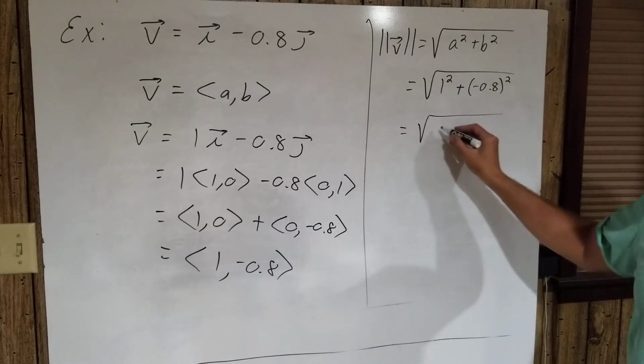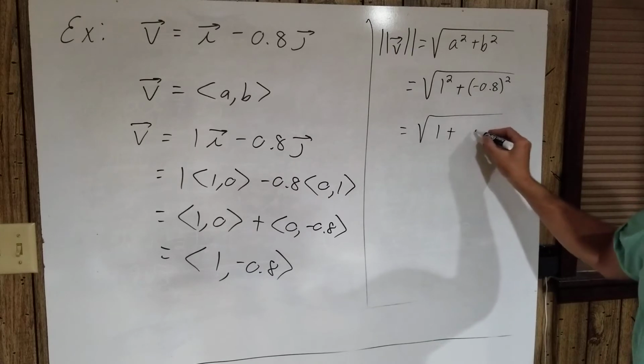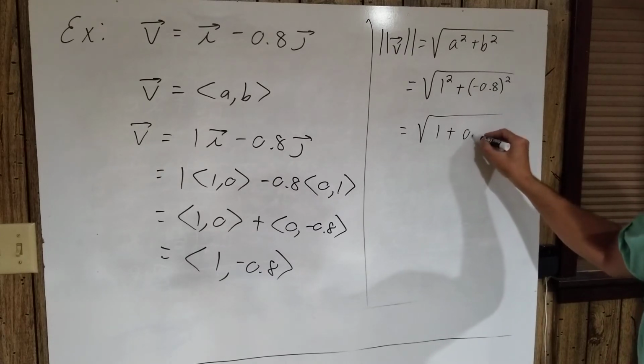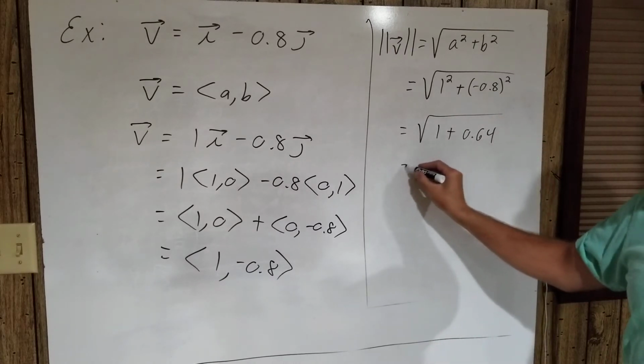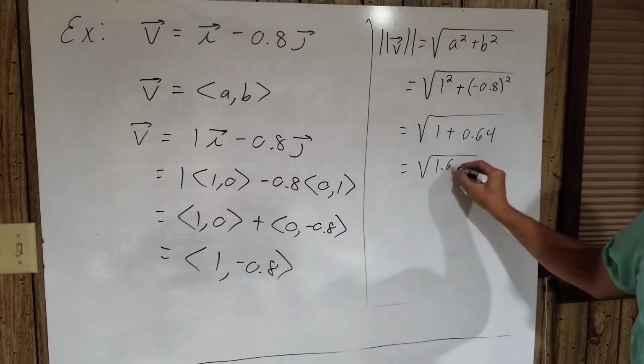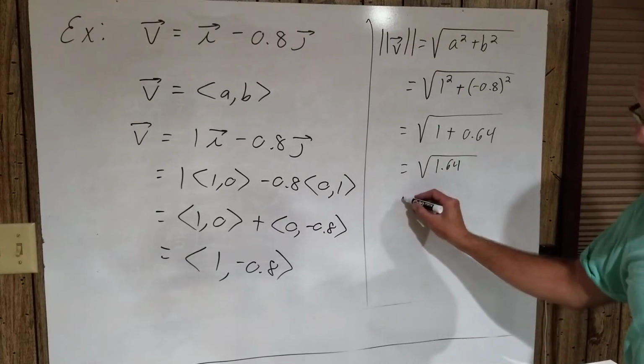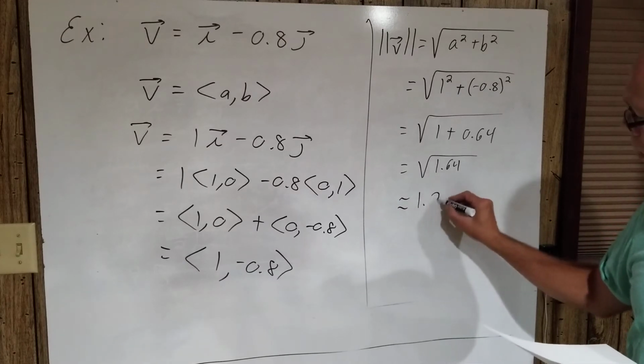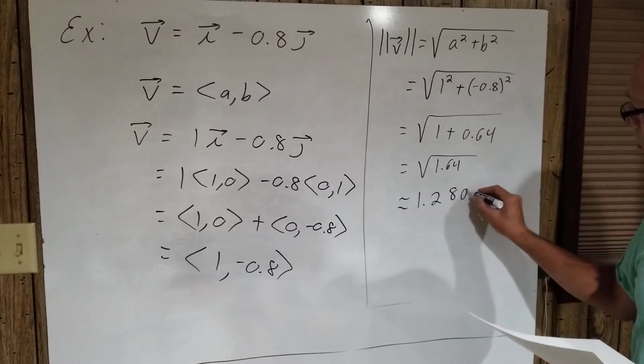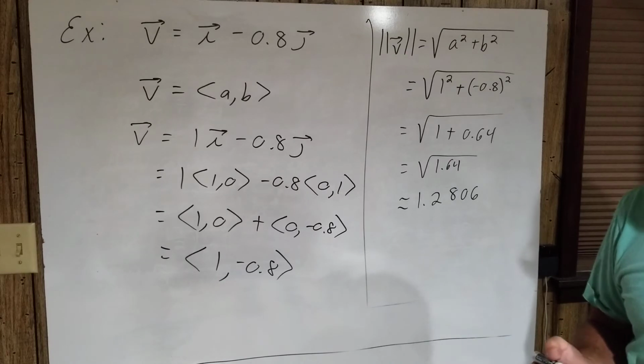So that's what? 1 plus, what is that, 0.64? So that's the square root of 1.64. So what does that give me? Approximately 1.2806, because they're going to want me to round anyway, right?